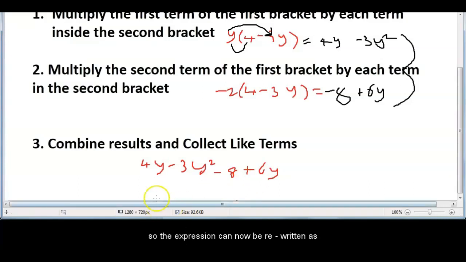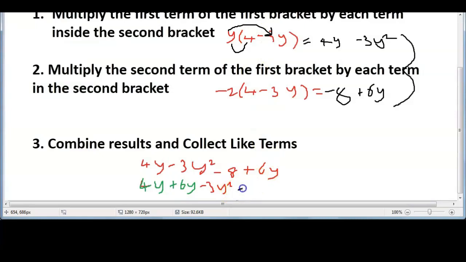So the expression can now be rewritten as 4y plus 6y minus 3y squared minus 8. The y's on one side, a y squared and a constant.